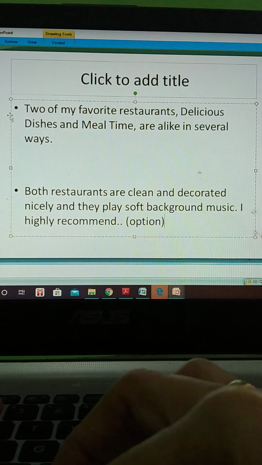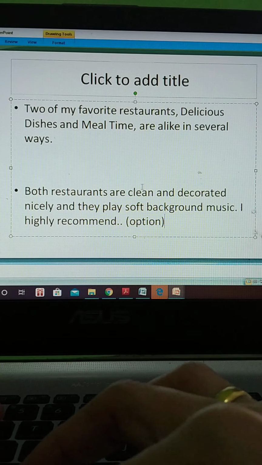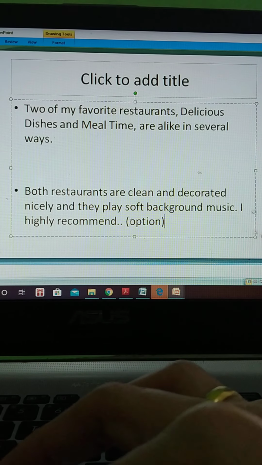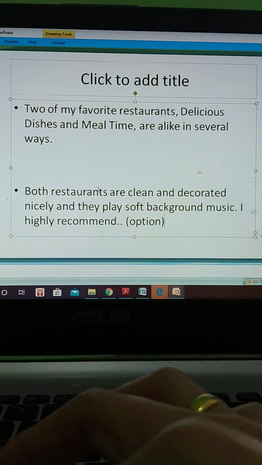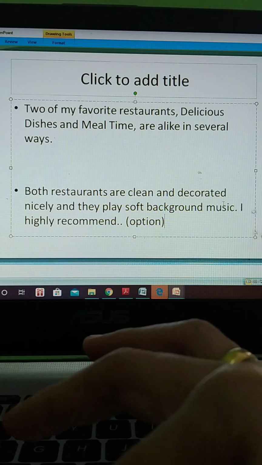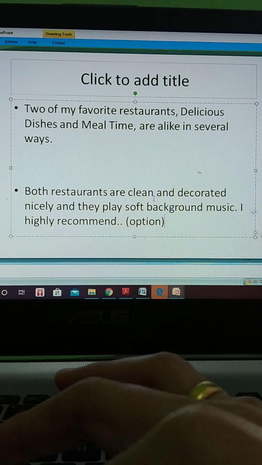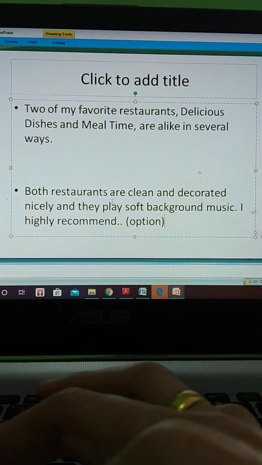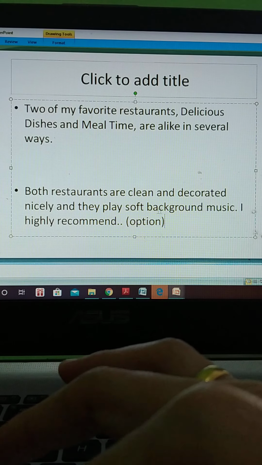But if I analyze this kind of concluding sentence, of course it is about their likes.